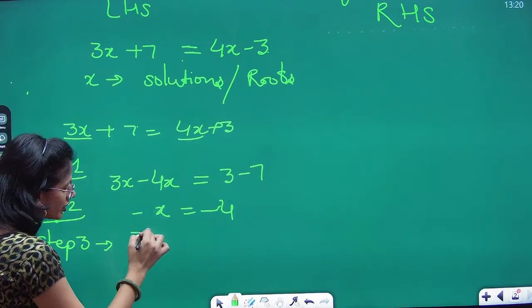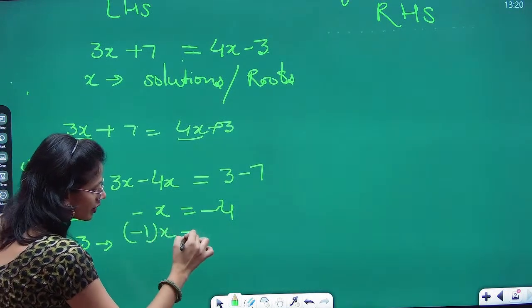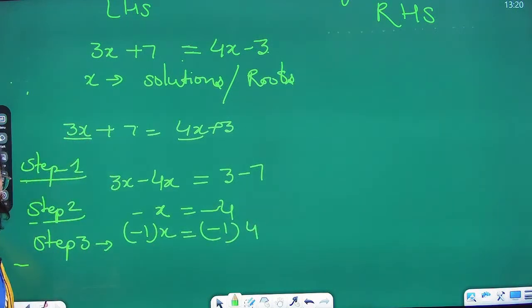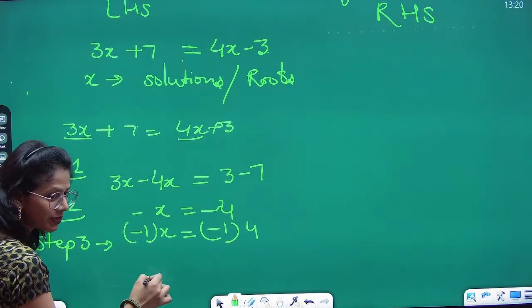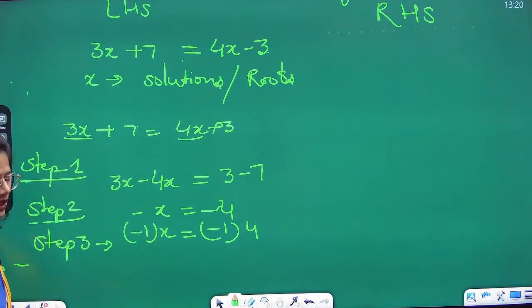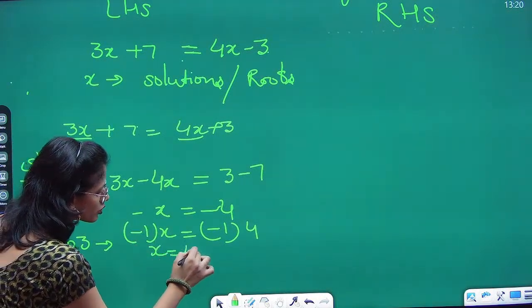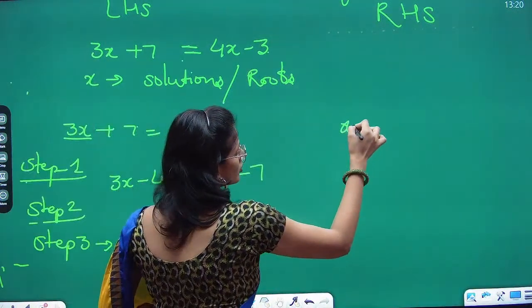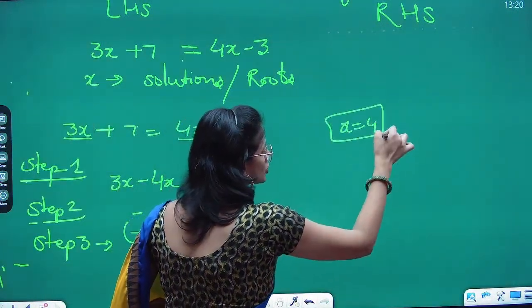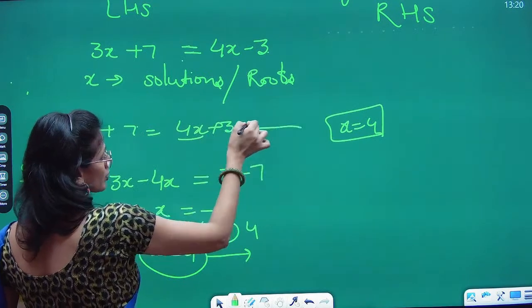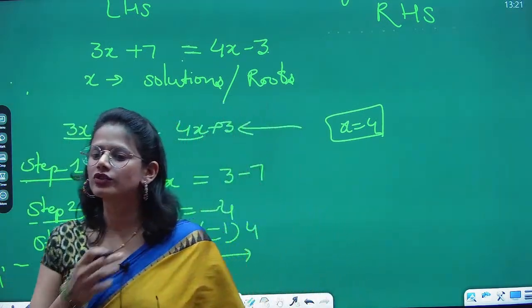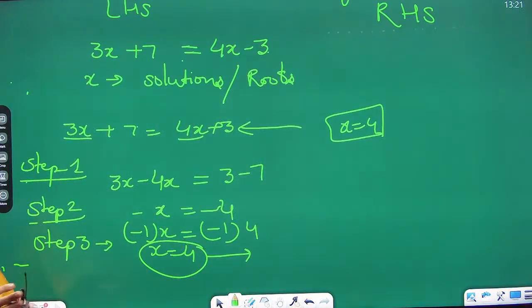So divide both sides by minus 1. If you divide by minus 1, minus and minus cancel. So x is equal to 4. This value, x is equal to 4, is the solution for this equation, or you can call it the root of this equation. Is this clear?